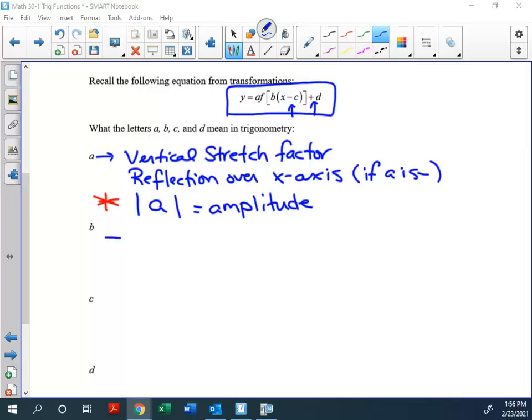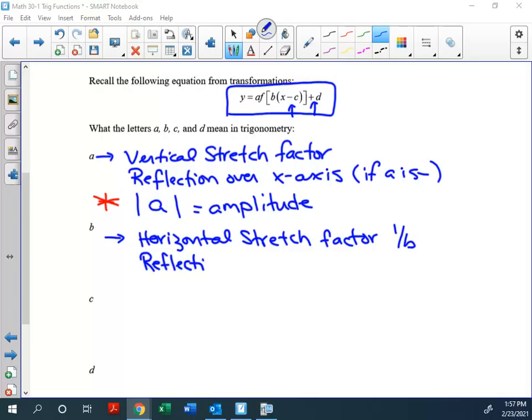So, B, well, we already saw B. B is still a horizontal stretch. But we're always careful with the B because it's a horizontal stretch factor of the reciprocal. It can also be a reflection over the y-axis, of course, if B is negative.